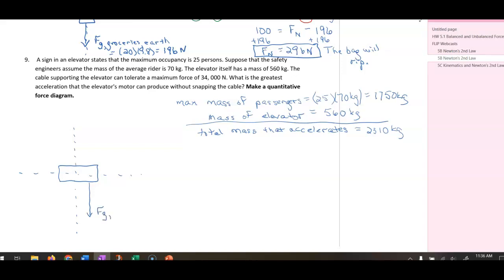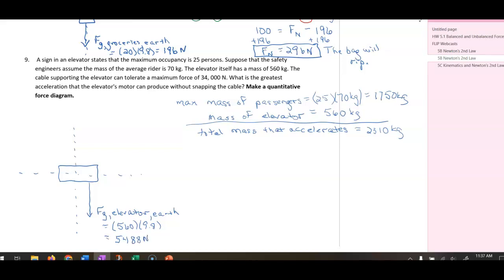That's the gravitational force on the elevator that's being exerted by the Earth. And that's going to be the mass of the elevator, 560 kilograms, multiplied by 9.8. And so that is 5488 newtons. That's the weight of the elevator.